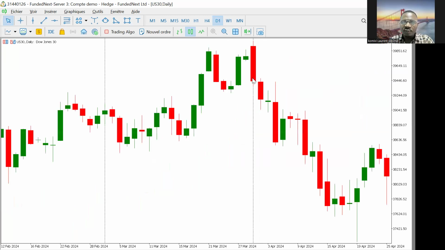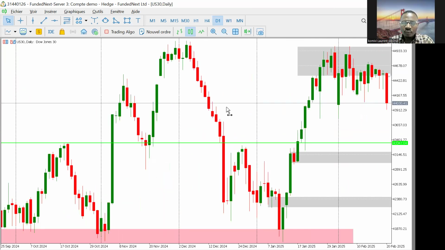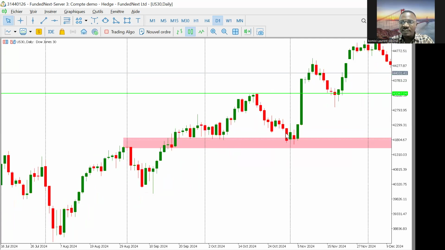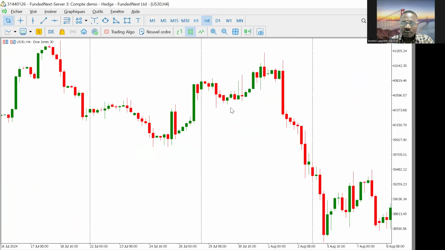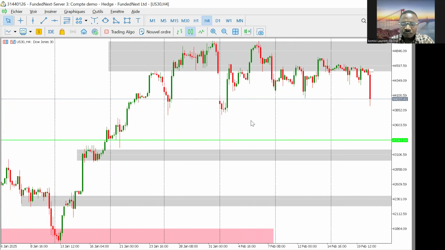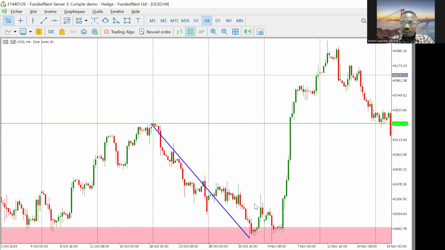So let me get down to the daily. Here is the daily. The price consolidates here. So this is the drop. Let me draw it. This is the drop down. Let me get onto the 4 hour. Here we are.